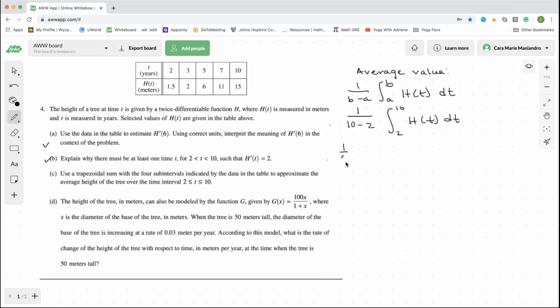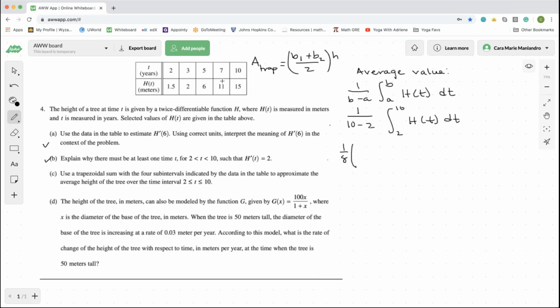So this is going to be 1/8, and then we're going to set up 4 sums. All right, and if everybody doesn't remember the area of a trapezoid, it's base 1 plus base 2 divided by 2, so you average the bases times the height.